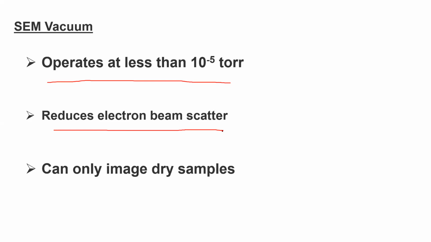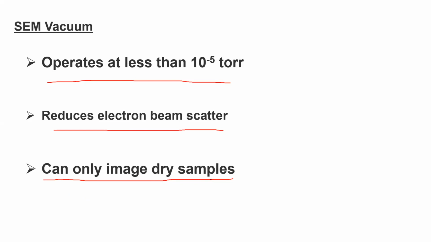As a result, we can only image dry samples in a typical SEM. This is the disadvantage associated with the typical SEM: it is only applicable to image dry samples.